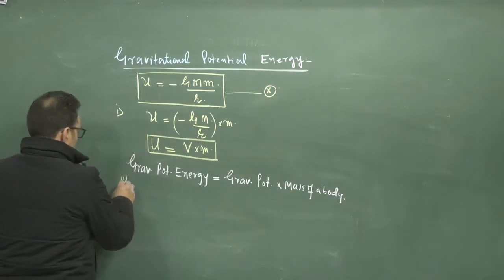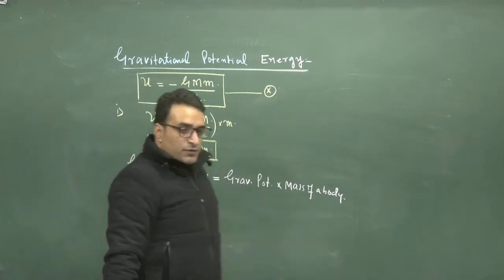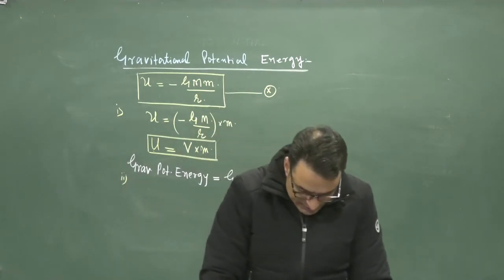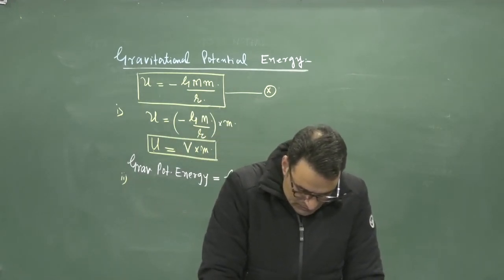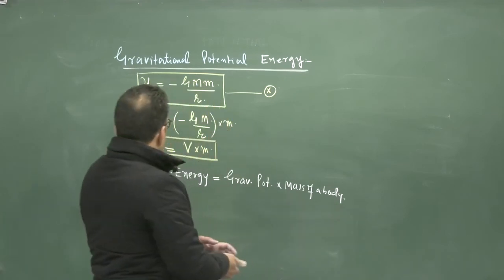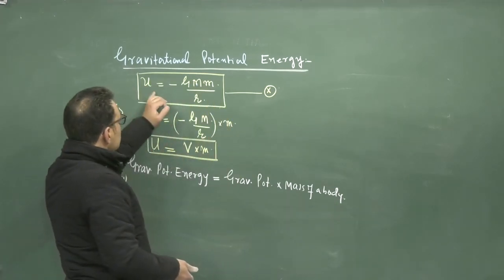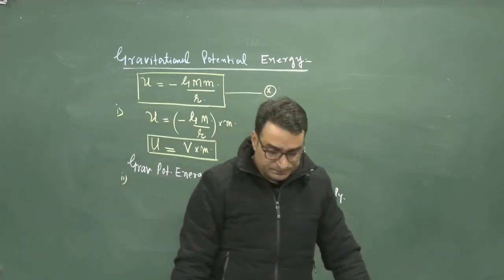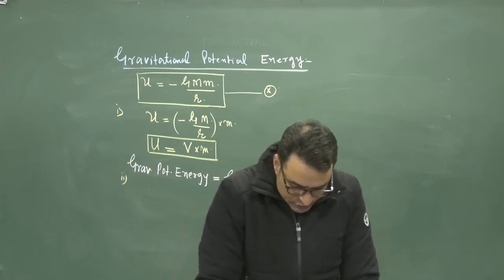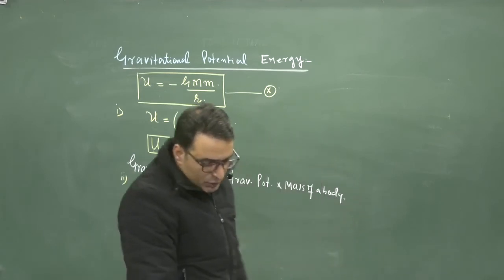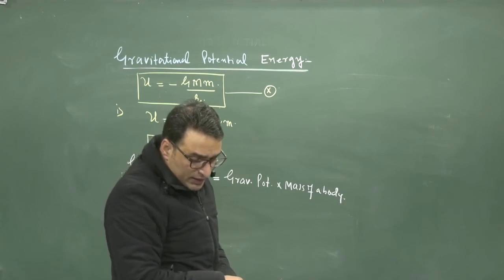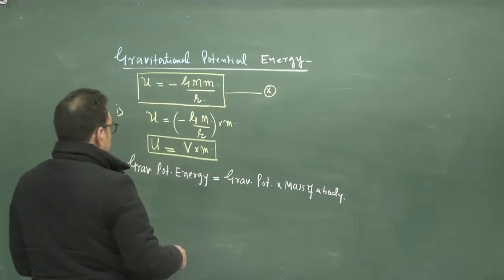Now, another important point. From equation x, it is clear that we have the gravitational potential energy with the negative sign. Now, this negative sign shows that the potential energy is due to the attractive gravitational force.